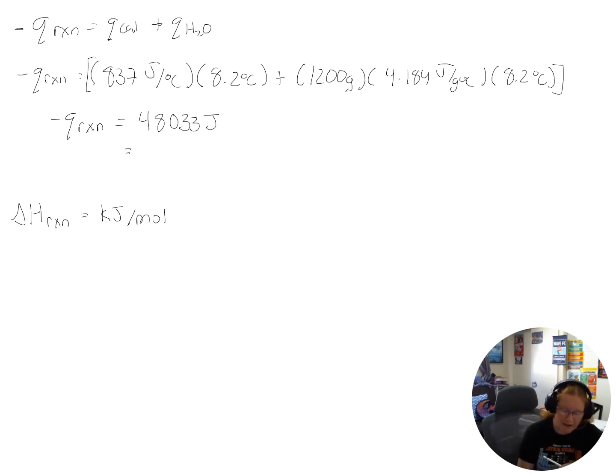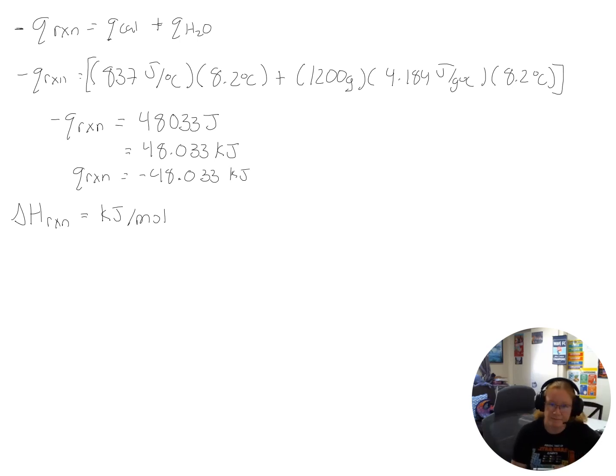And so I need to convert this joules to kilojoules. So I'm going to get 48.033 kilojoules. All right, now I have this negative Q of reaction. And so Q of reaction is negative 48.033 kilojoules. Okay? All right. So now I need to get to kilojoules per mole.